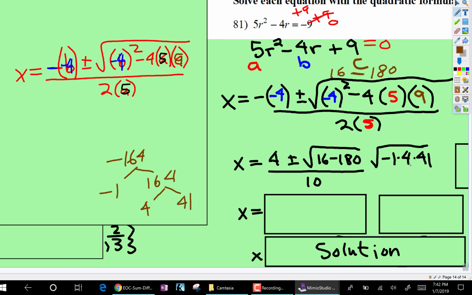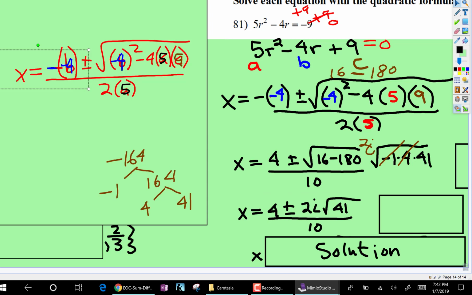So there we have it, 41. And now what is the square root of -1? Well, that's an i. The square root of 4 is 2. And what we have left in the radical is 41. So we have 4 plus or minus 2i times root 41 all over 10.